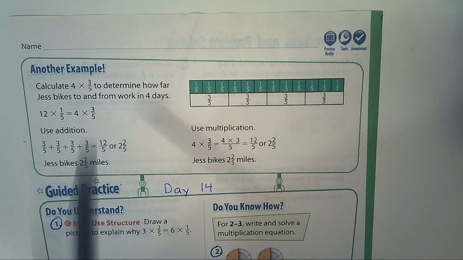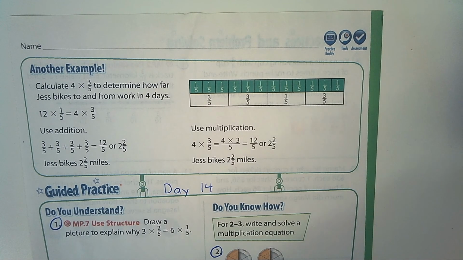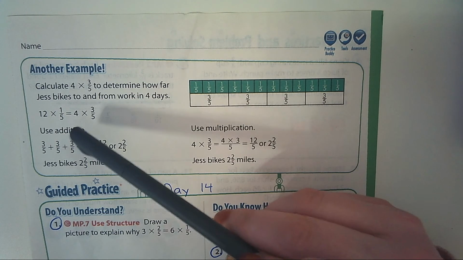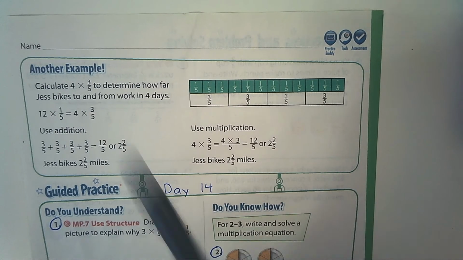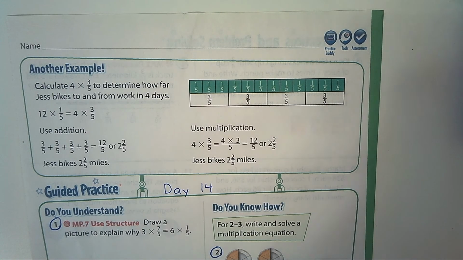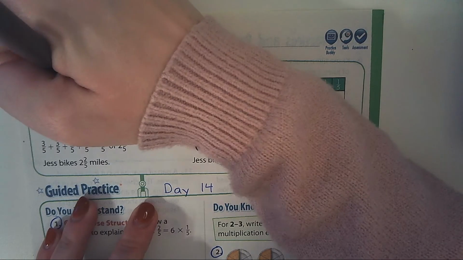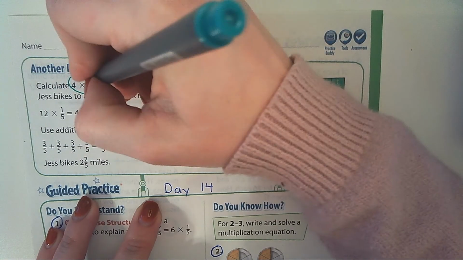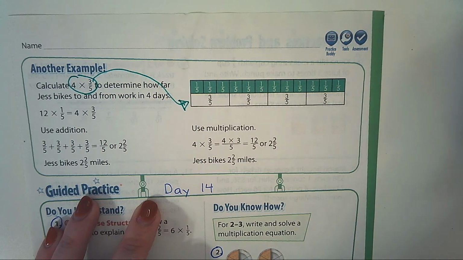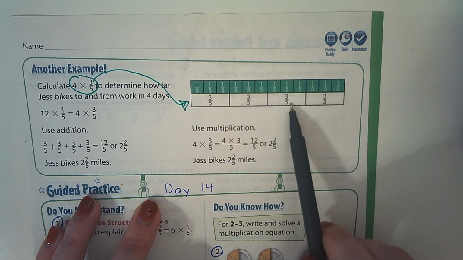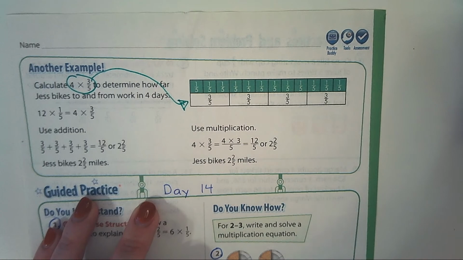So another example says calculate 4 times 3/5 to determine how far Jess bikes to and from work in 4 days. So 4 times 3/5 we see right here. So here's 4 times 3/5. That's right here in the bar diagram. 1, 2, 3, 4 times 3/5.